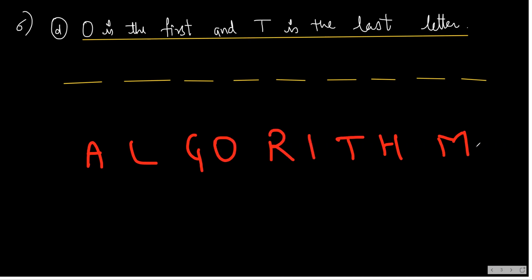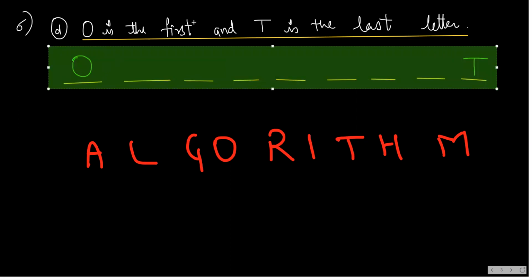They're saying that if this given word algorithm is arranged at these 9 places, how many different arrangements of the letters of the word algorithm we will get if the arrangement always has to begin with O and the end has to be T. So understand students, the required arrangement should have O in the beginning and T at the end.